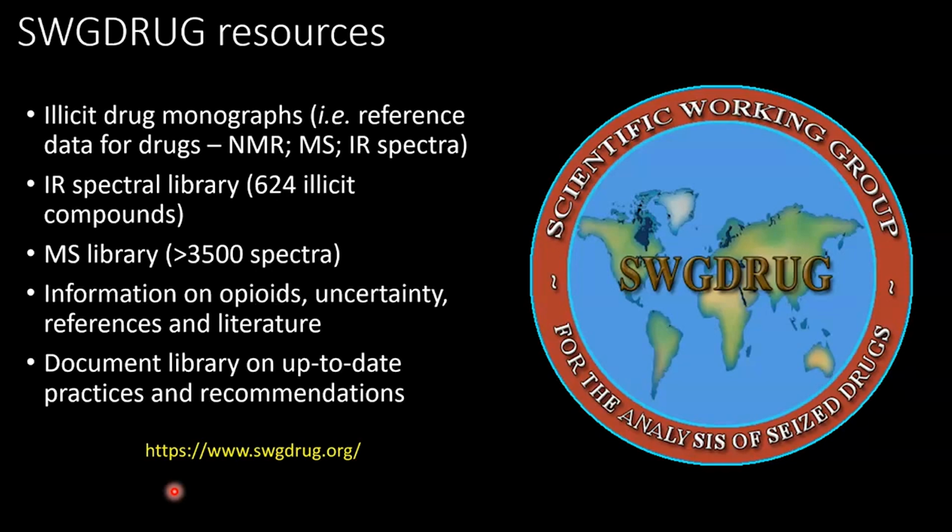The mass spectrometry library contains the spectra of more than 3,500 compounds, as well as information on opioids, characterizing uncertainty, different types of references and literature available. Also, there is their own document library, which includes up-to-date practices and recommendations based on the working group's findings.